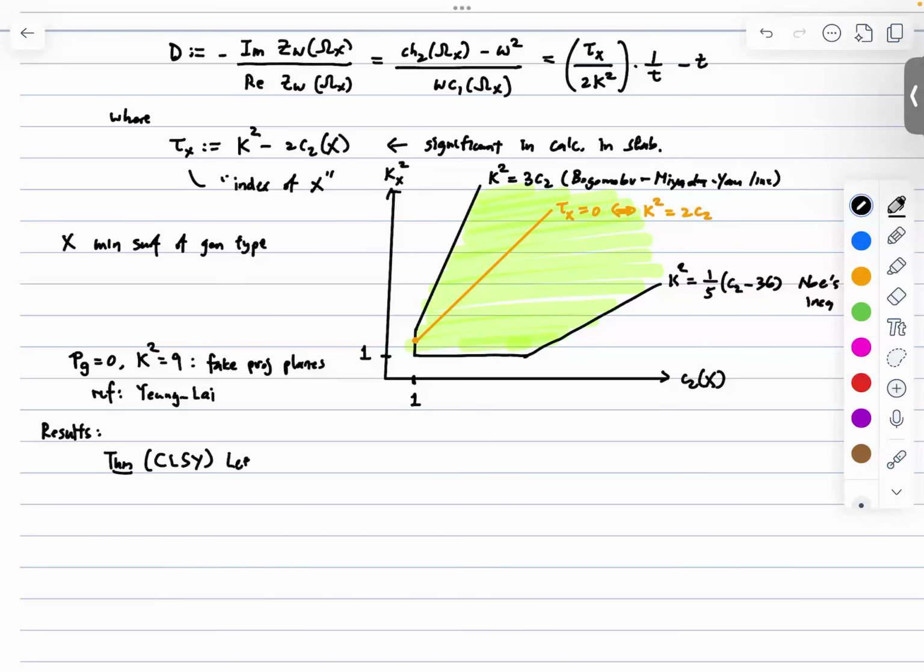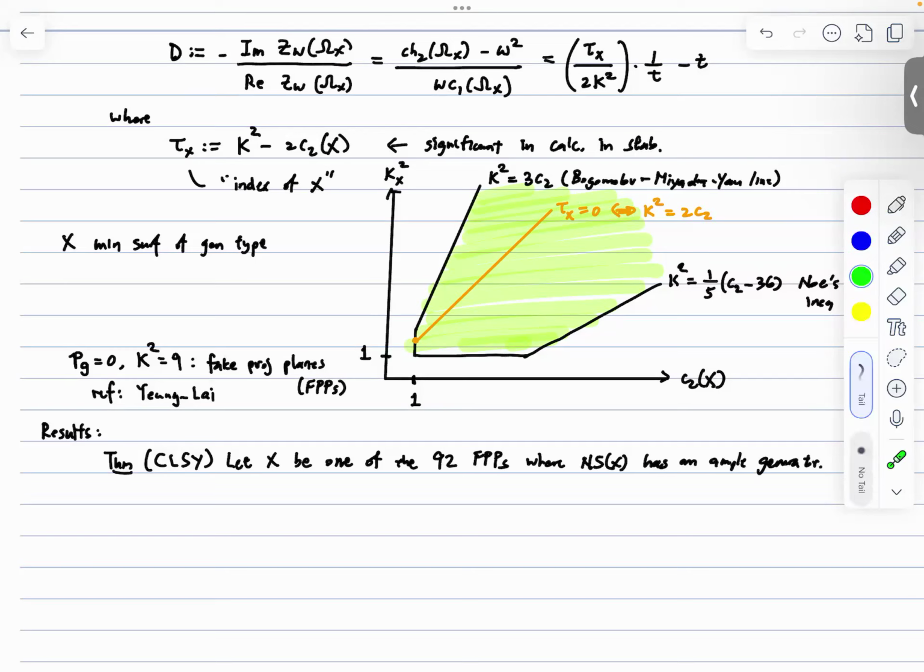So suppose X is one of the 92 fake projective planes where the Néron-Severi group has an ample generator.